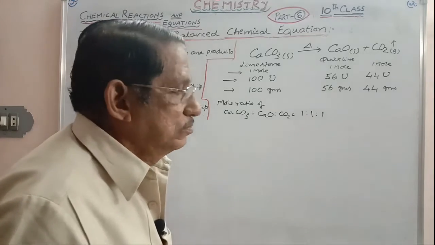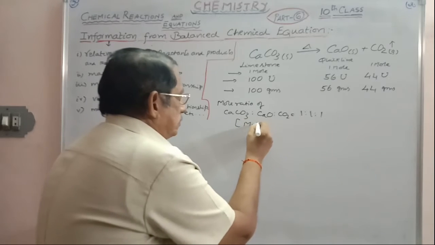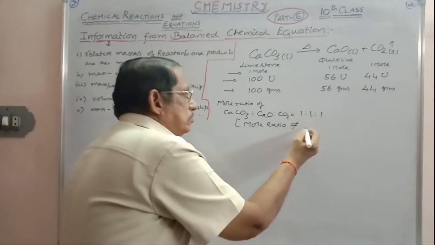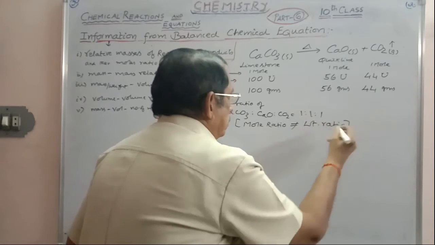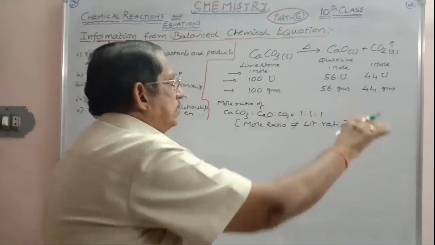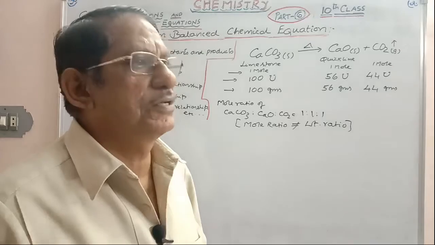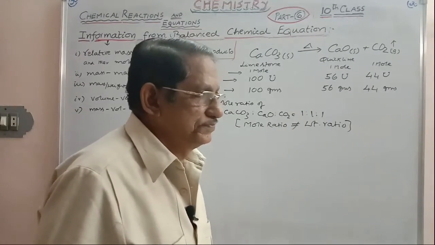Don't forget, mole ratio is not equal to weight ratio. This is very important. If you take the weight ratio here, 100 is to 56 to 44, can it be 1:1:1? Never. And so, mole ratio is not equal to weight ratio at all.